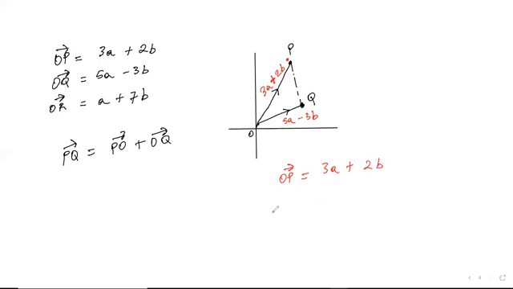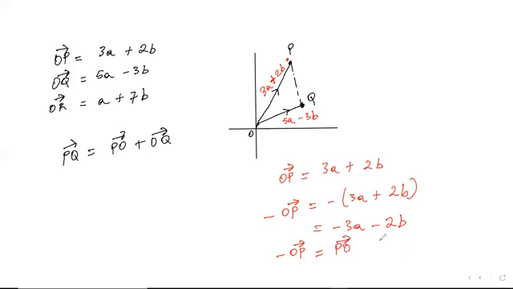To negate OP means you put a minus sign in front of everything, so it now becomes negative 3A minus 2B. And in essence, negative OP is the same thing as PO.